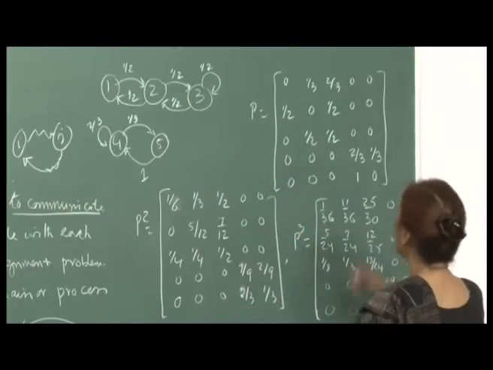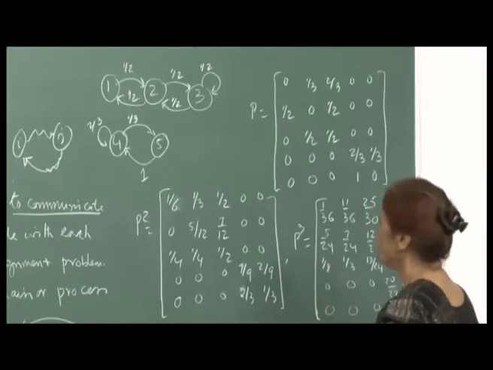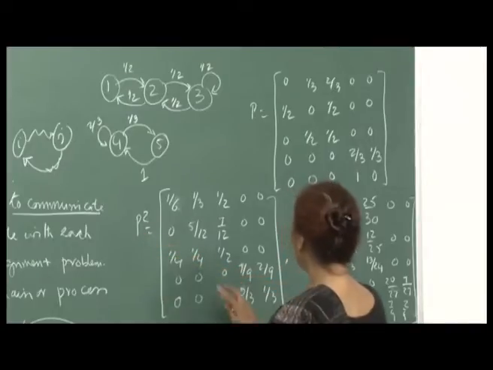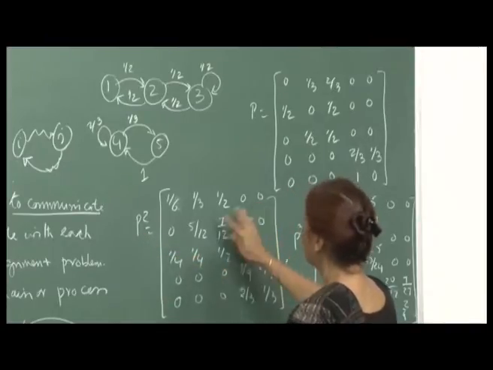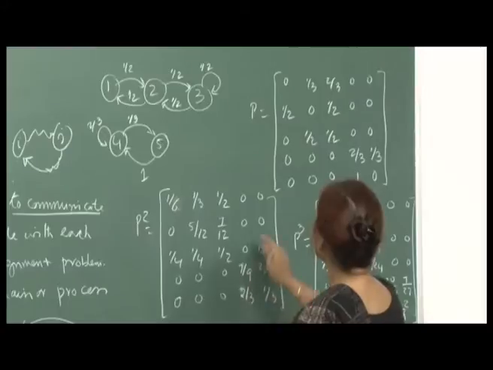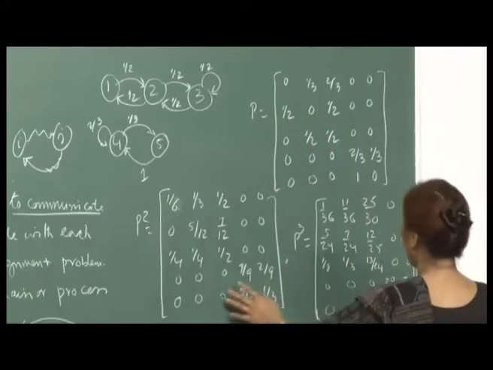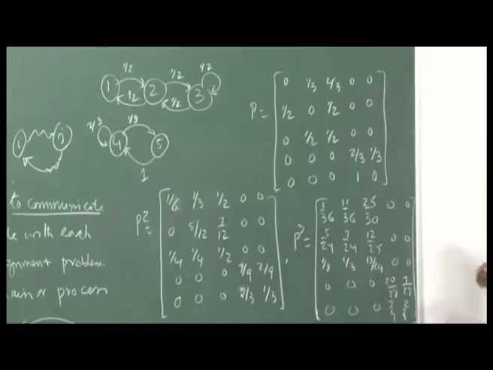So these are the zeros, and let us see, when we take the second power, that means P squared, these zeros remain intact while the other probabilities change, right. And then again when you take P cubed, these zeros do not go away, right.